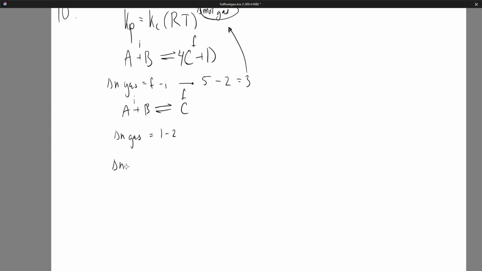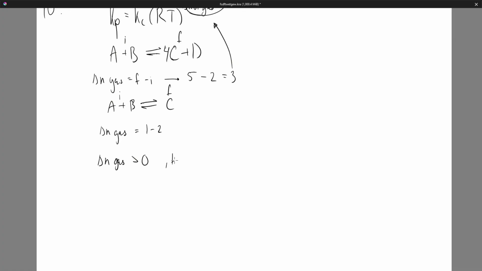So if the change in number of moles of gas is greater than 0, basically, then Kp will almost always be greater than Kc, unless Kc is already large to begin with.